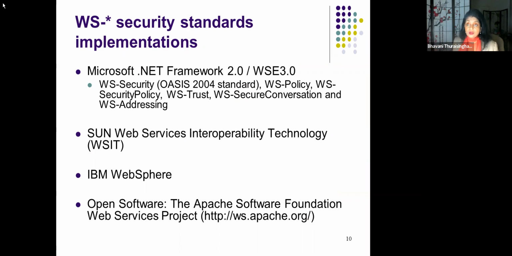And so Sun was really a very prominent company until like the mid 2000s. So they were very much pushing these web services. And then IBM has got the IBM WebSphere. And then Oracle has got now of course the Sun technologies, as well as Oracle's WebLogic. And then Open Software Foundation, that's now the Apache Foundation Web Services project. So again, a number of implementations.